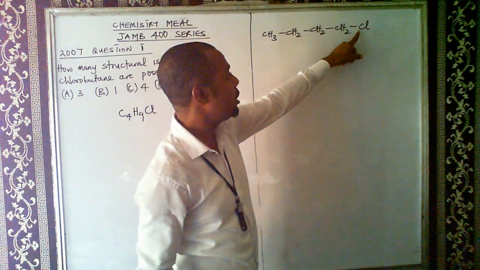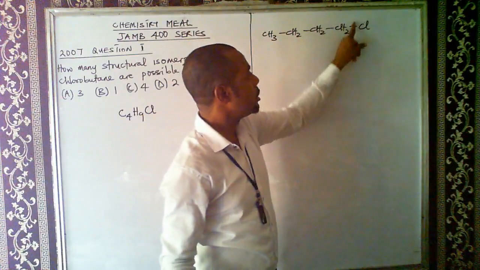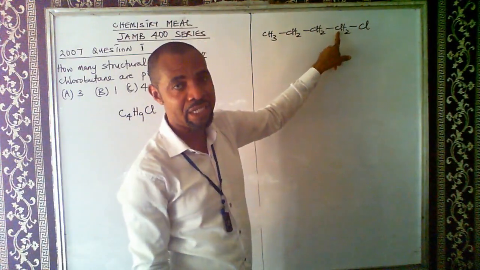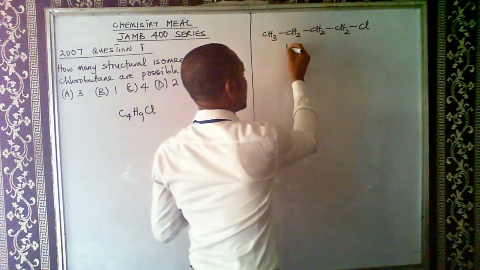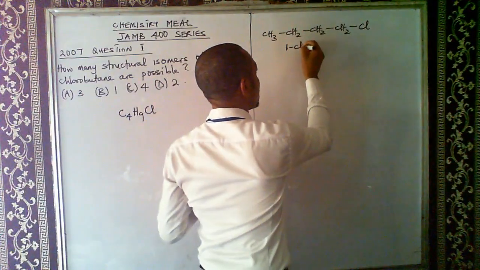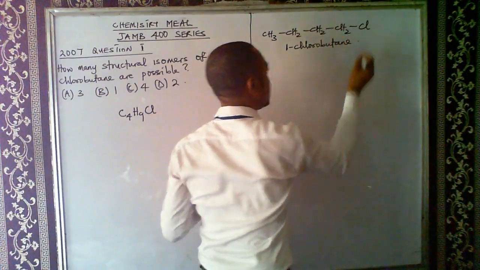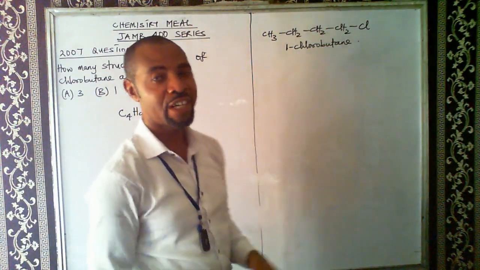This is 1, 2, 3, 4. So this halo group, that's the chloro group, is on the first carbon. So 1, 2, 3, 4. So this is 1-chlorobutane. We'll still remember the rule in the nomenclature of organic compounds.